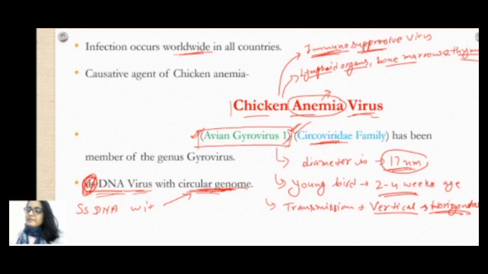Diagnosis is also based on some pathological findings, like hemorrhages in the subcutaneous tissue. If the bird has died and a postmortem is done, hemorrhage is found in all the muscles and the epithelial lining of the organs.